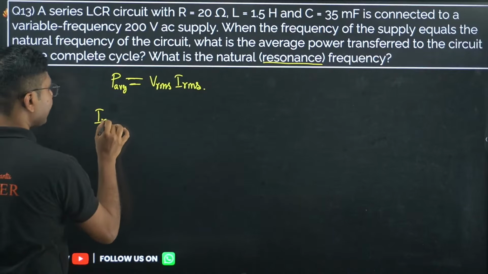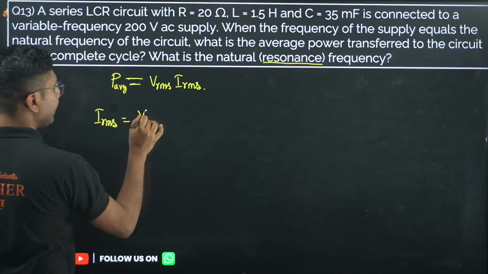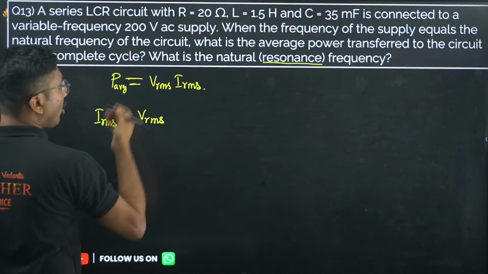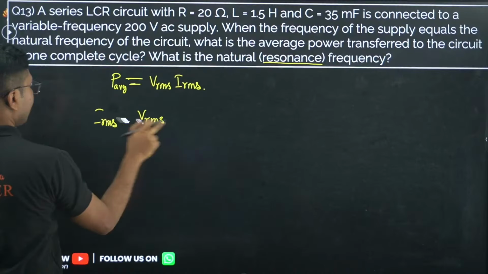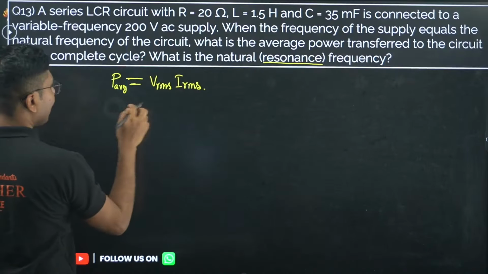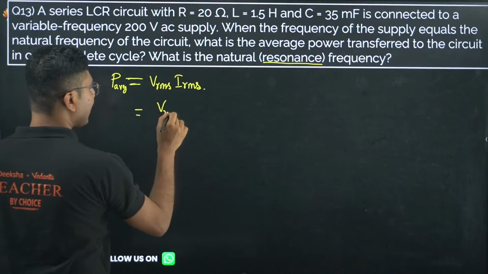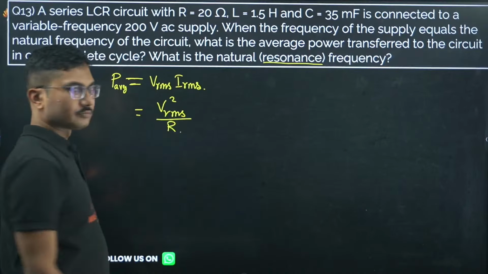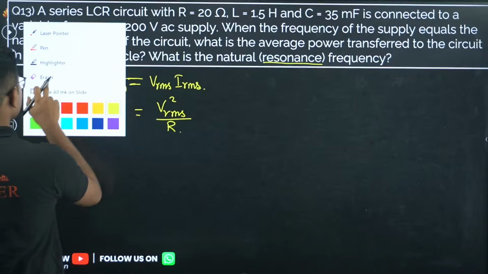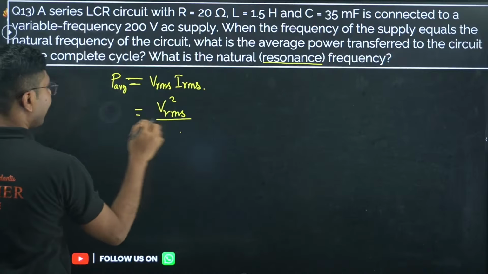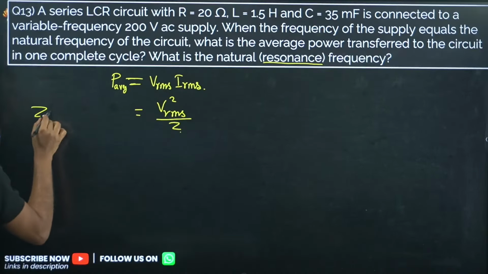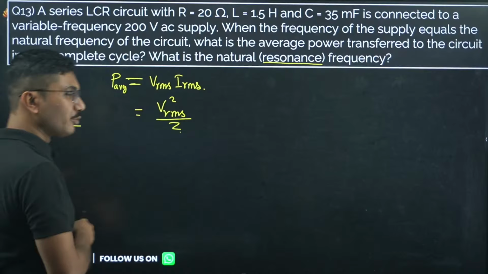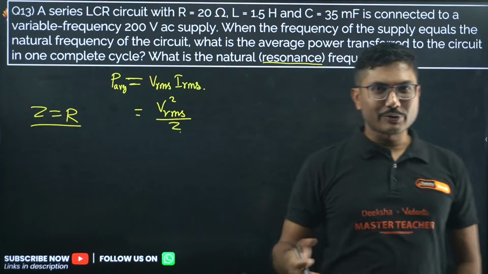I RMS is equal to V RMS divided by Z, or to save some time you can use V RMS square divided by Z. Now because the circuit is already in resonance, Z should be equal to R. You don't need to calculate anything.